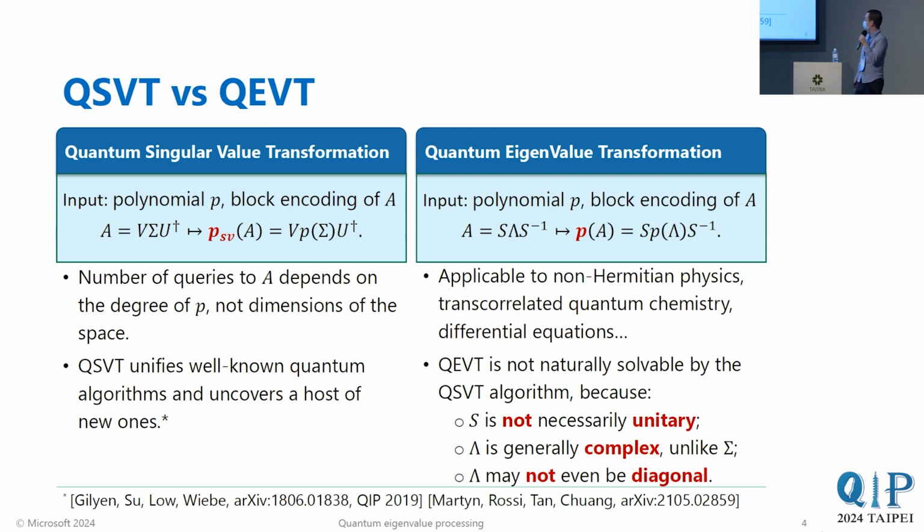And finally, sometimes we don't even have an eigenvalue decomposition. In general, we have something called Jordan form, and the key point is that the middle factor doesn't have to be diagonal, it's block diagonal in general. Because of these reasons, the previous QSVT algorithm is not suitable for solving this kind of eigenvalue problem.